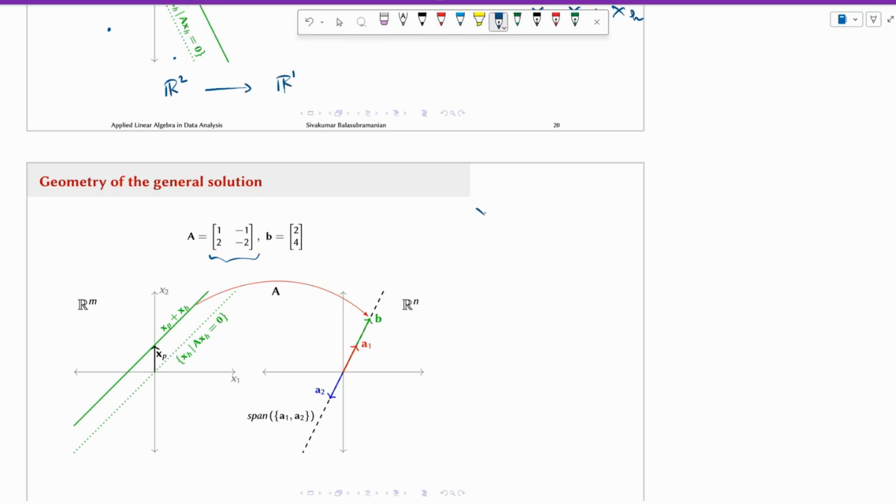Now I could ask, what can we say about the homogeneous solutions for this system? It's definitely not the zero vector alone anymore because it's rank deficient. There are infinitely many solutions. I'm asking, what are all the different possible vectors that will produce a zero vector?